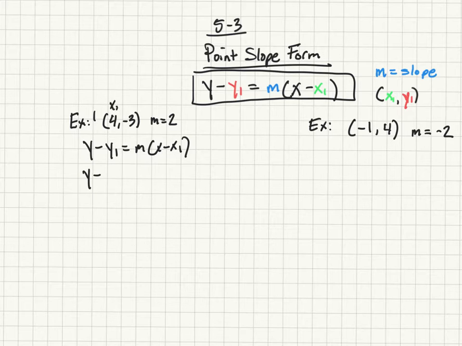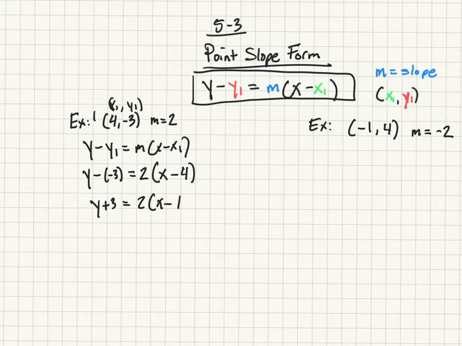I'll put x1 is here and y1 is here. y1 is a -3 equals, and then we have 2 for the slope, and then x minus 4 for the x1. And then we have two negatives in a row over here on the left side, so we have to turn that into a positive. So it'll be y plus 3, and then the right side stays the same at 2x minus 4, and that is our answer.